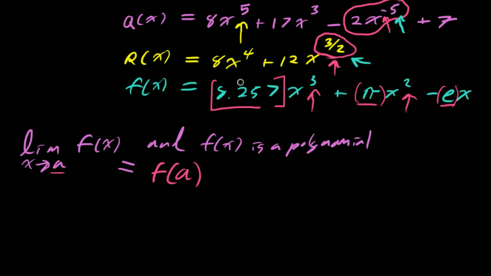If you were going to draw the graph of some polynomial, I'll draw my axes down here, something like that, you would be able to draw this function f of x without picking your pen up off of the paper.